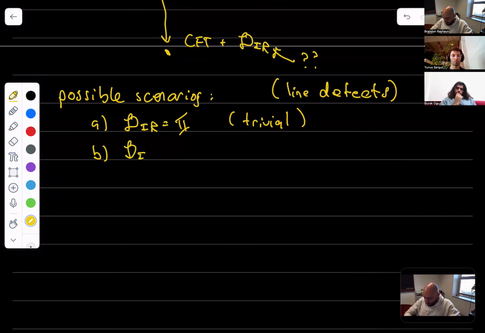Another also somewhat boring scenario is that the defect might decouple in the IR to some decoupled conformal field theory that doesn't interact with the bulk in any particularly meaningful way. Because we're talking about line defects, this would mean that the defect is flowing to a 1D conformal field theory, but there's not really many 1D conformal field theories.